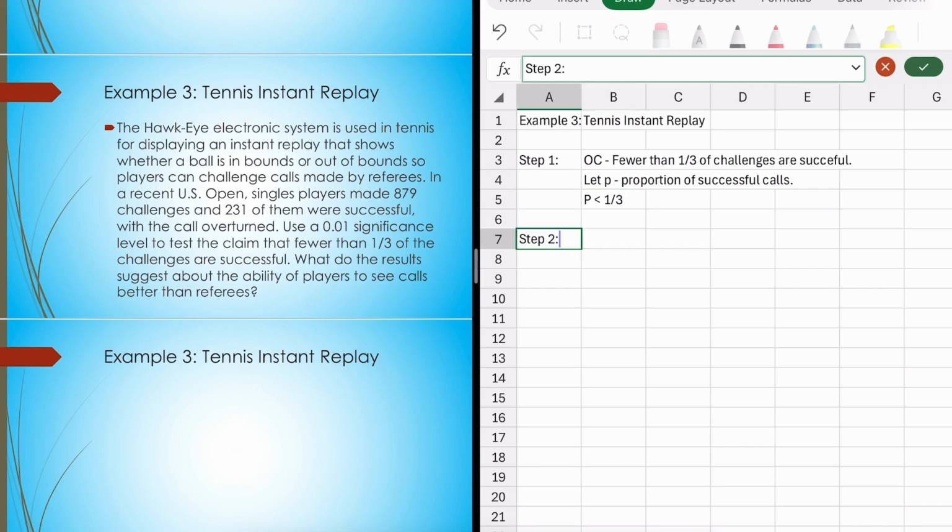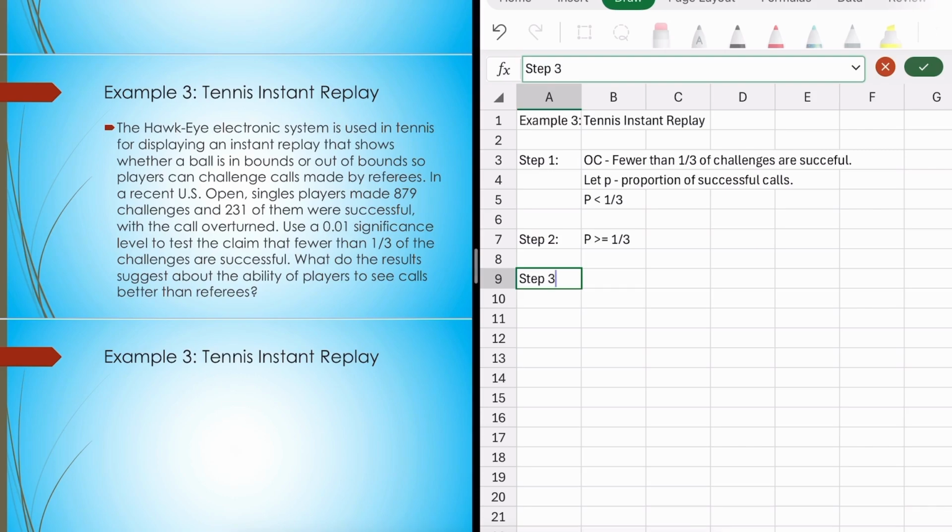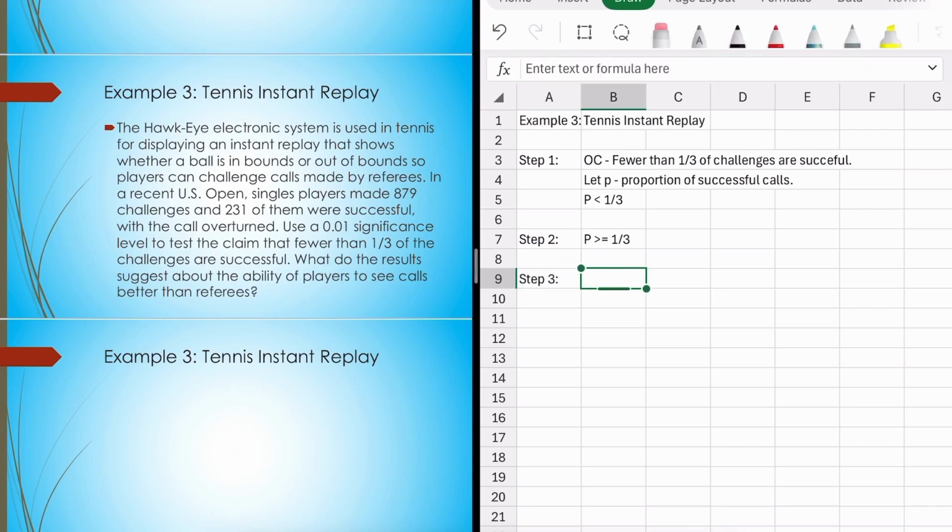Step 2. You know what would be a good idea is if you pause this video and did as much as you can, and then check if it's right. Step 2 now is the negation. The negation is P is greater than or equal to 1/3. Step 3 is the hypothesis.